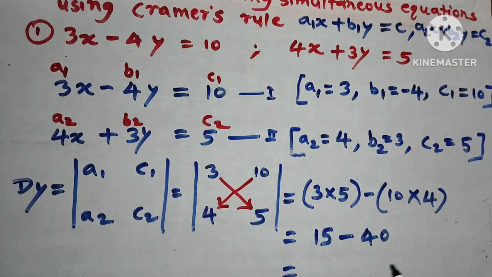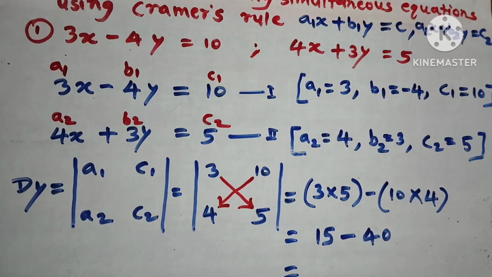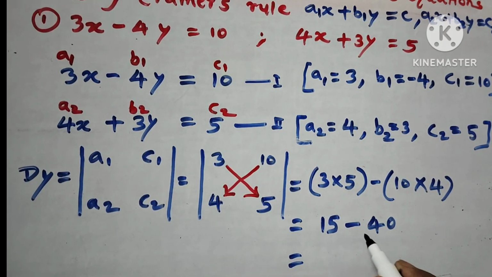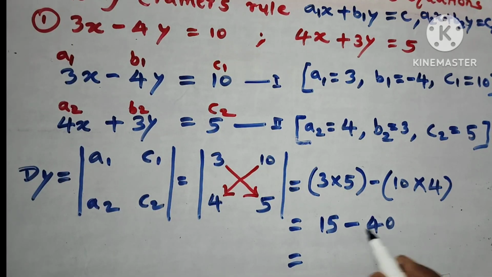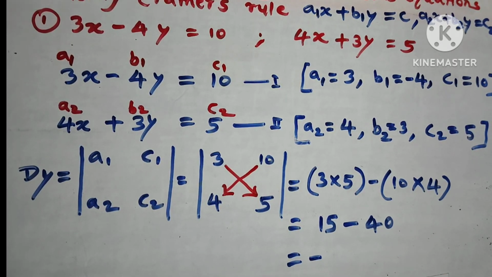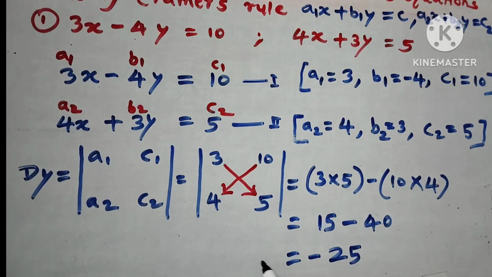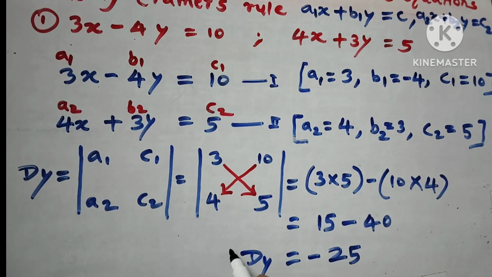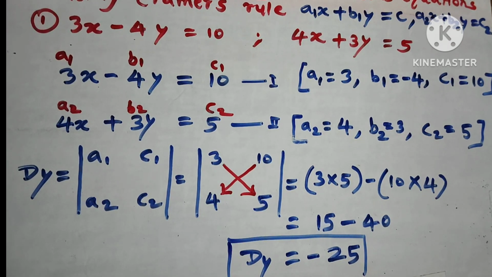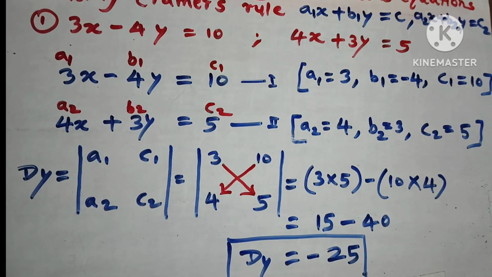Opposite sign, then subtraction. Bigger number 40 minus 15, then minus 25. Value of Dy is equal to minus 25.